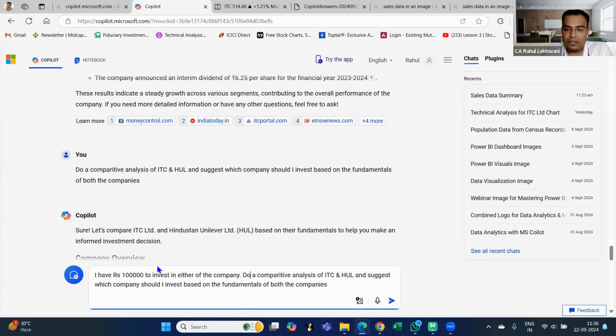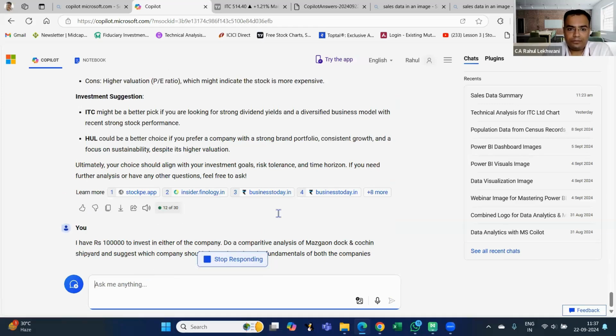Do a comparative analysis of Mazgaon Dock and Cochin Shipyard, because they are from the same sector, and suggest which company I should invest in based on the fundamentals of both companies. Let us try to do that.